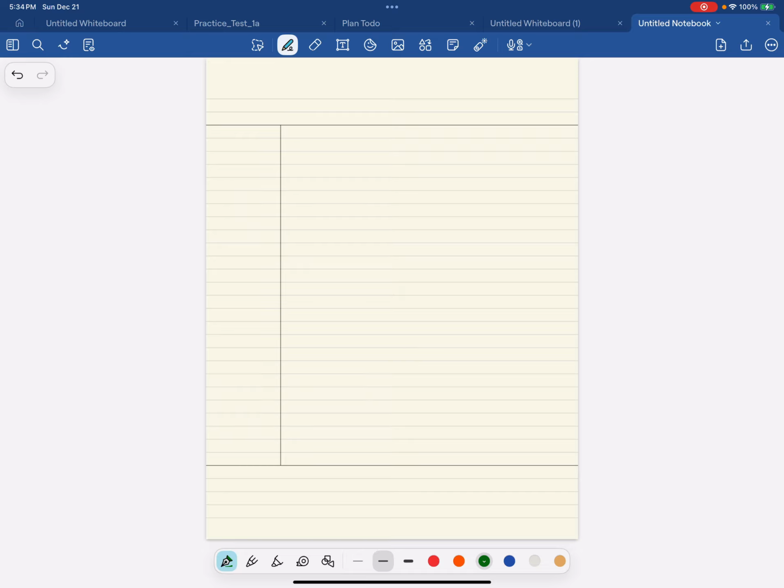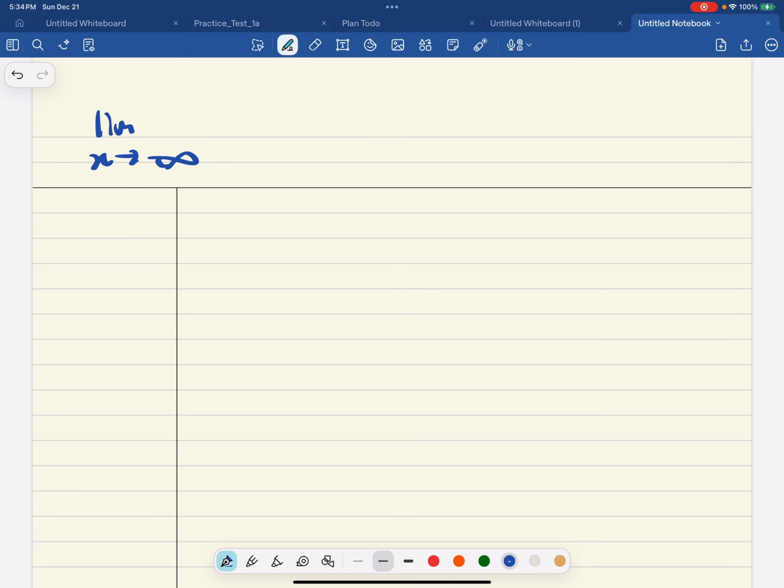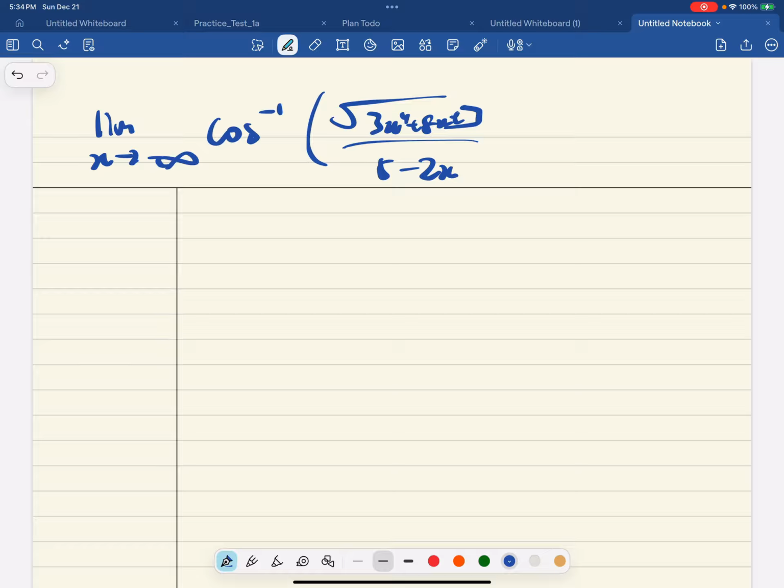And I actually covered everything, so maybe one last trig. Limit as x approaches negative infinity of cos to the minus 1 of (3x to the 4 plus 8x plus 3) over (5 minus 2x to the 2).